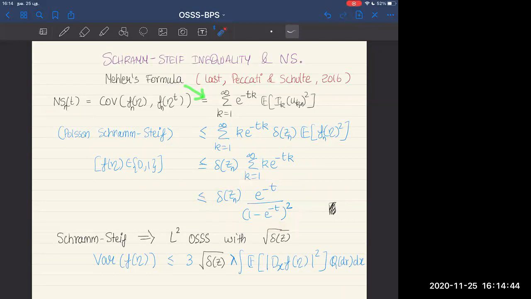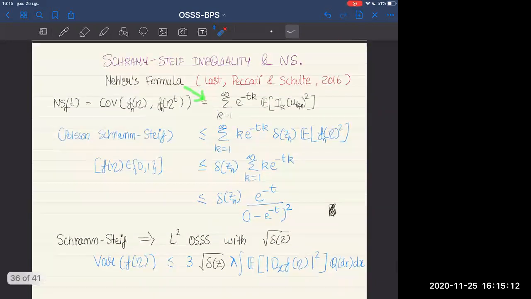We have an explicit, clean bound. This is the power of the Schramm-Steif inequality. Once you have it, you get this beautiful bound, which is easily studied. And the crucial other thing was Mecke's formula. Luckily I had two co-authors who were involved in proving it, so it was easy to know the right thing here.